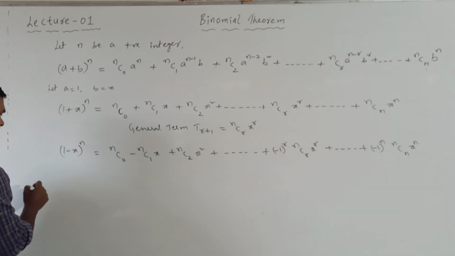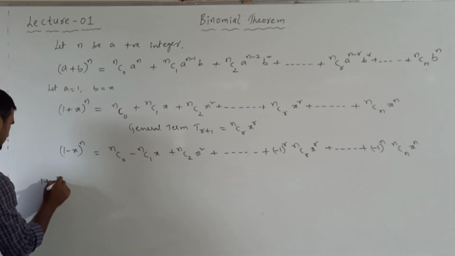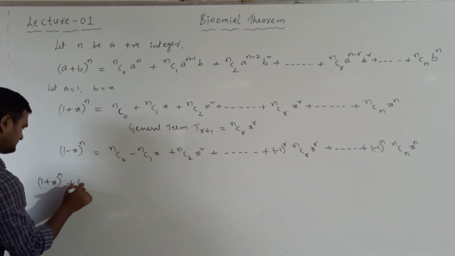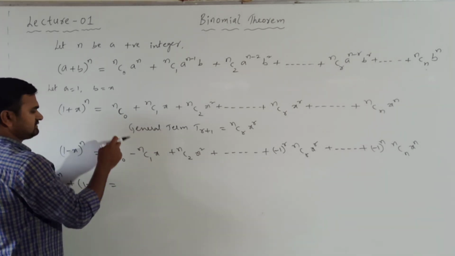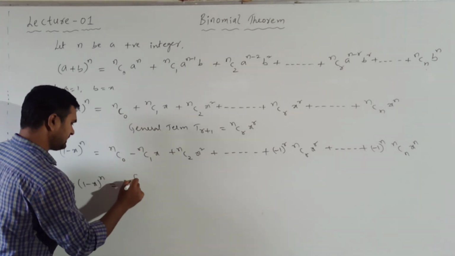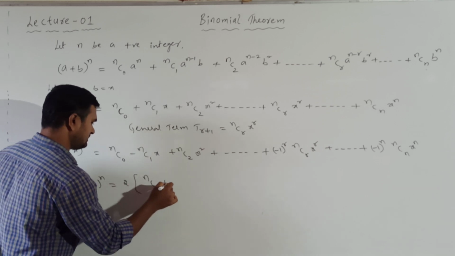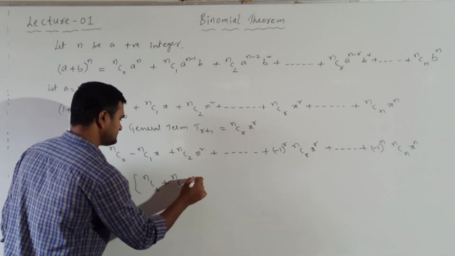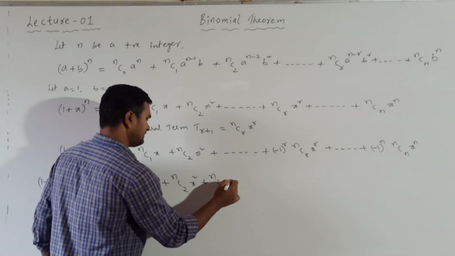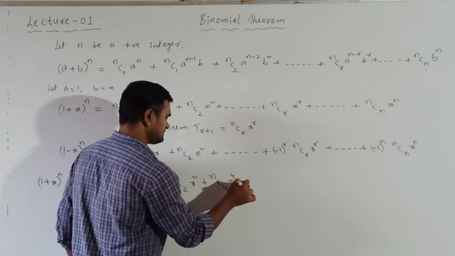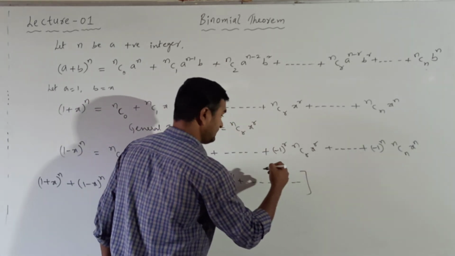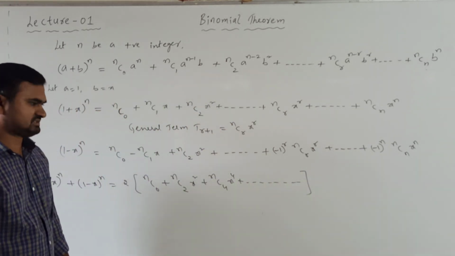That we can observe here. 1 plus x whole power n plus 1 minus x whole power n, adding these two, we get 2 times of nC0 plus nC2 x square, nC4 x power 4 and so on. Again depending on n, we get the last terms.